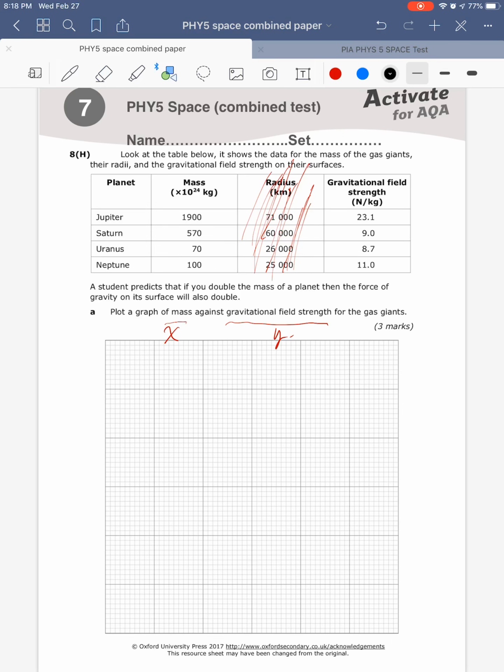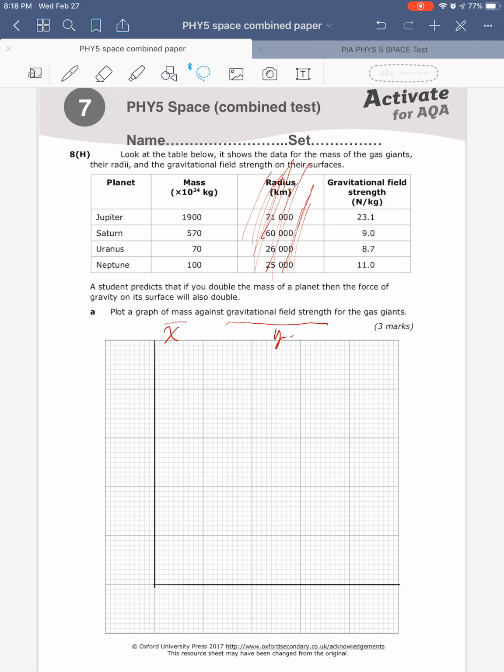So I'm going to do my axes along here. Always use a ruler because you don't have an iPad that's going to snap to a nice straight line. I'm using the major grid lines here.